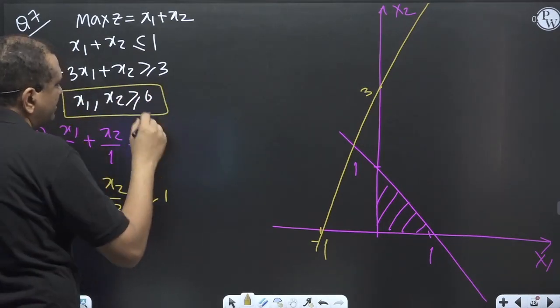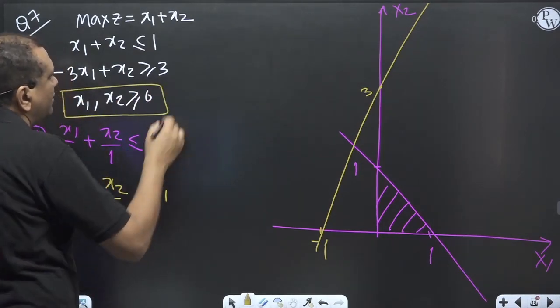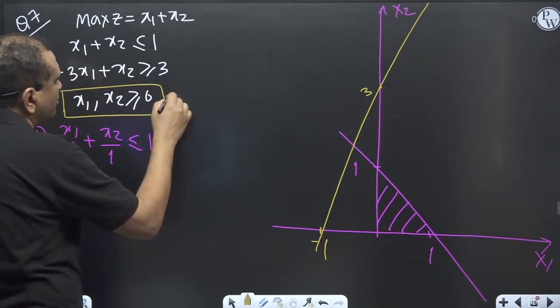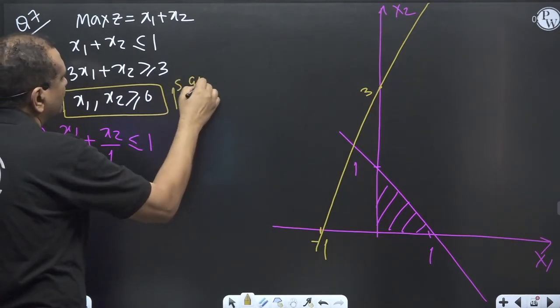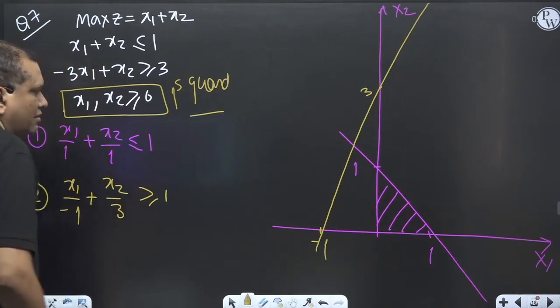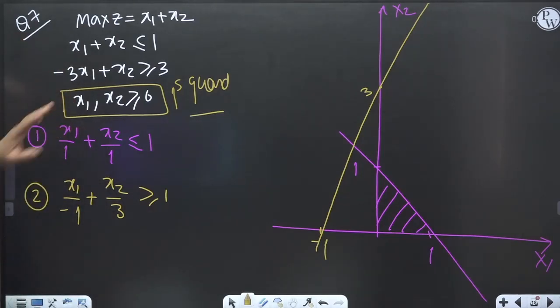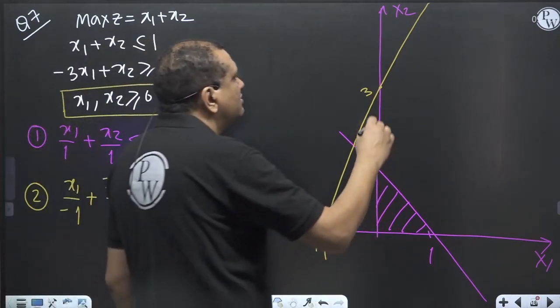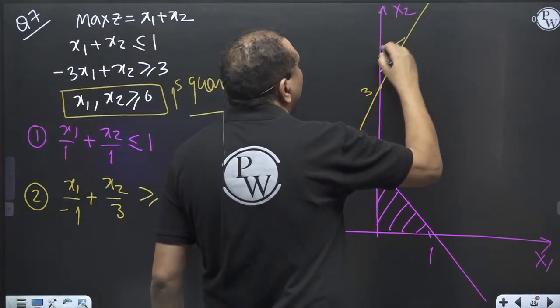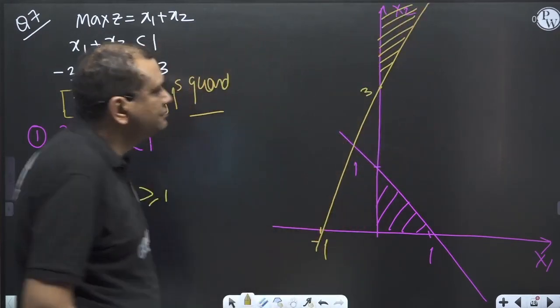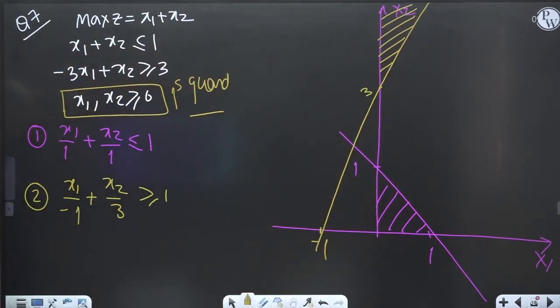This indicates that my solution should lie in the first quadrant. So region away from the origin means this one. Correct?